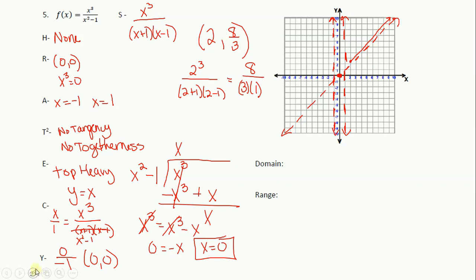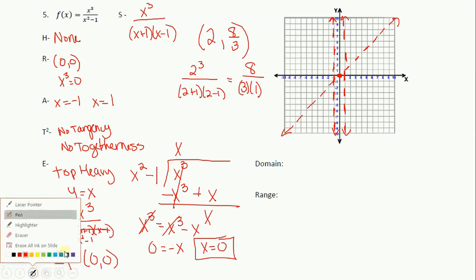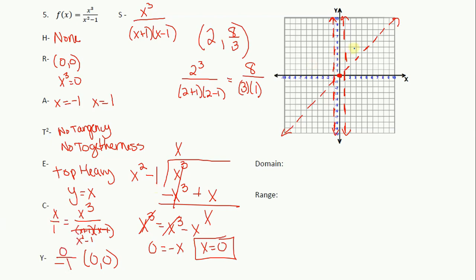I think I should change color here. Erase that quick. Change color for you guys so you can see it. So I got 2, 2 and 2/3 right there. So I'm going to go like this. Go up at that asymptote right there.